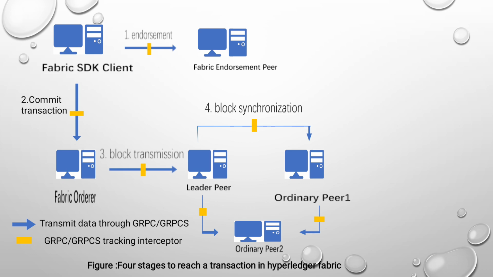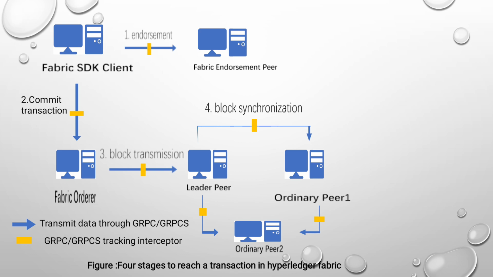In order to monitor the service invocation and time consuming situation of each stage, here we developed a gRPC or gRPCS tracking interceptor based on Jaeger. The transactions and blocks are transmitted between different peers through gRPC or gRPCS. So here a tracking interceptor between gRPC server and gRPC client is installed.